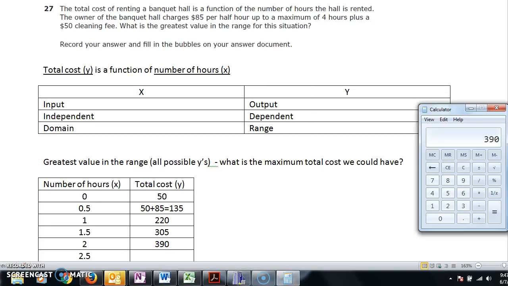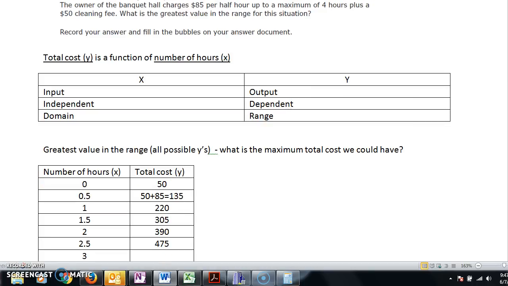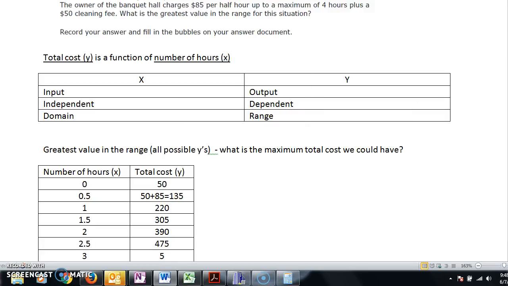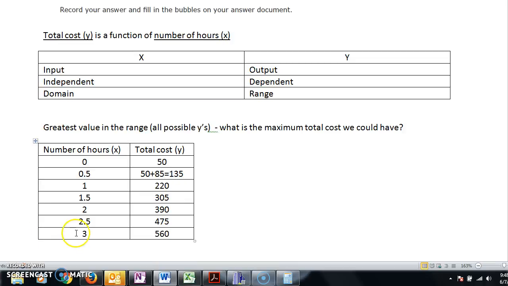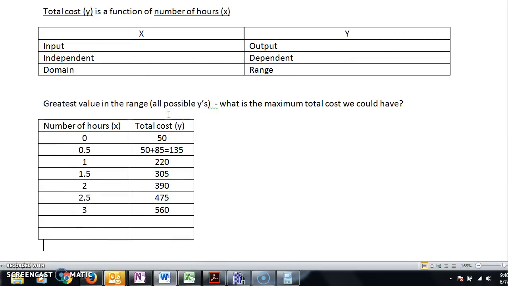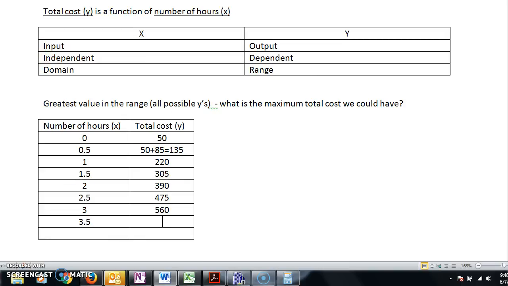Another half hour goes by. Another $85. 475. Another half hour goes by. Another $85. 560. I need some more rows. Another half hour goes by, pay another $85. 645.